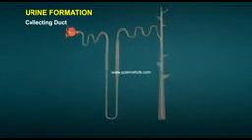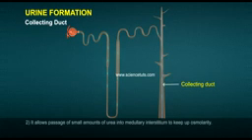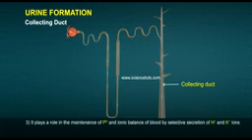Collecting duct. 1. A large amount of water could be reabsorbed to produce concentrated urine. 2. It allows passage of small amounts of urea into the medullary interstitium to keep up osmolarity. 3. It plays a role in the maintenance of pH and ionic balance of blood by selective secretion of H+ and K+ ions.